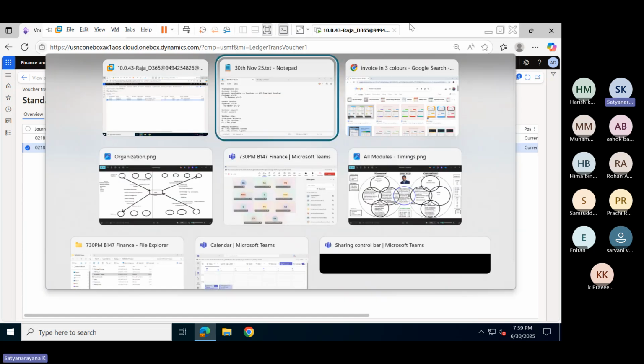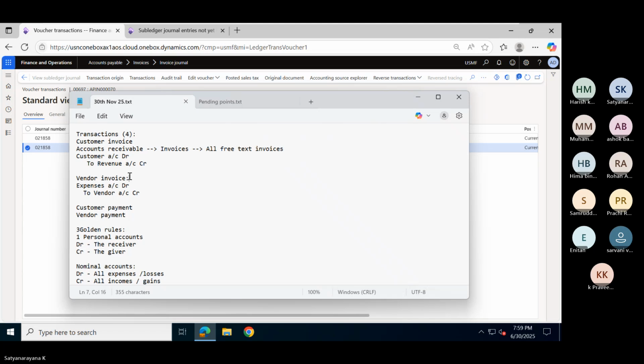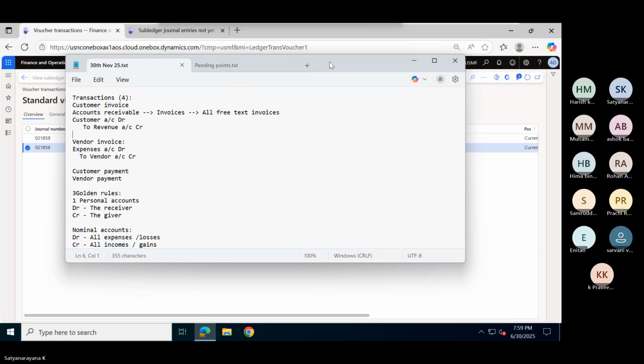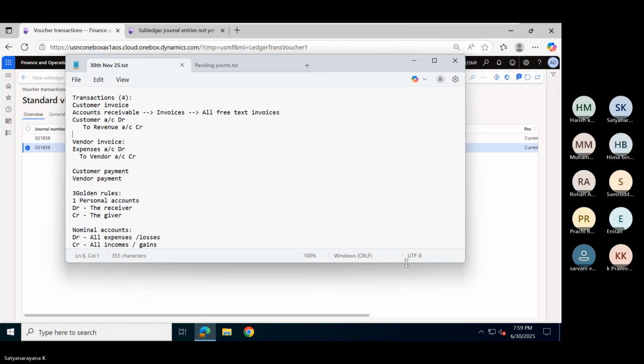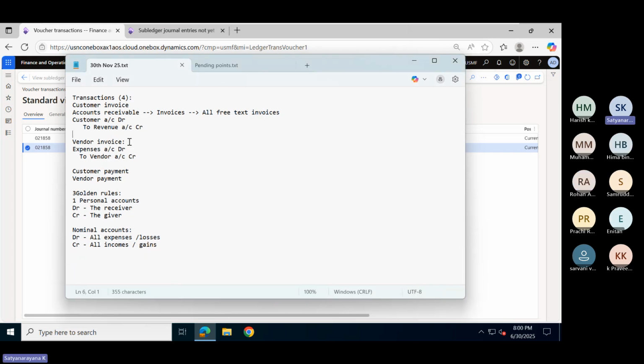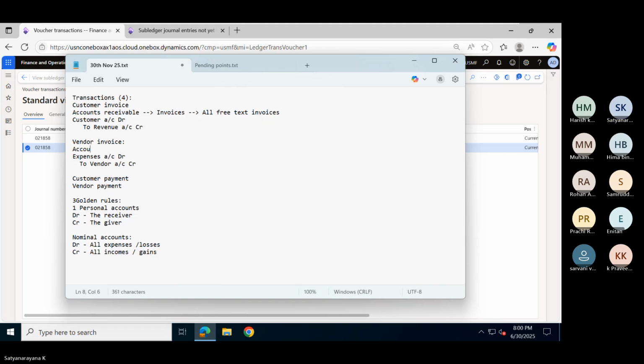Any questions on these two invoices? Vendor invoice, customer invoice. For vendor invoice, the path is, give me a second. It is accounts payable, invoices, vendor invoice journal.